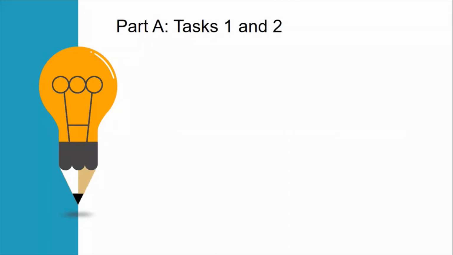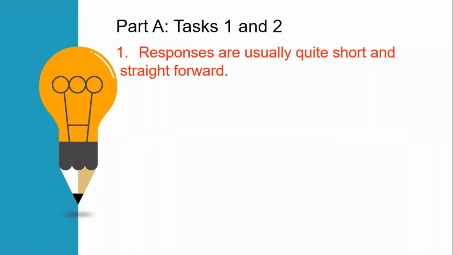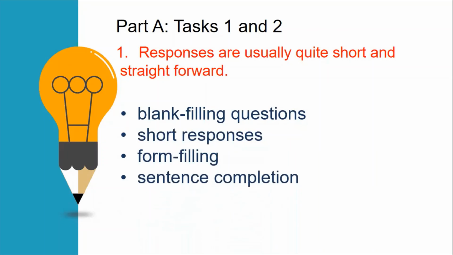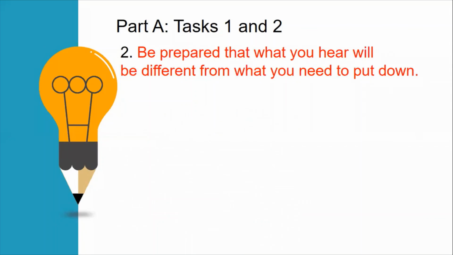In Part A, Task 1 and 2, responses are usually quite short and straightforward. Common types of questions are blank filling questions, short responses, form filling, sentence completion, a flowchart, or a map. Be prepared that what you will hear will be different from what you need to put down.